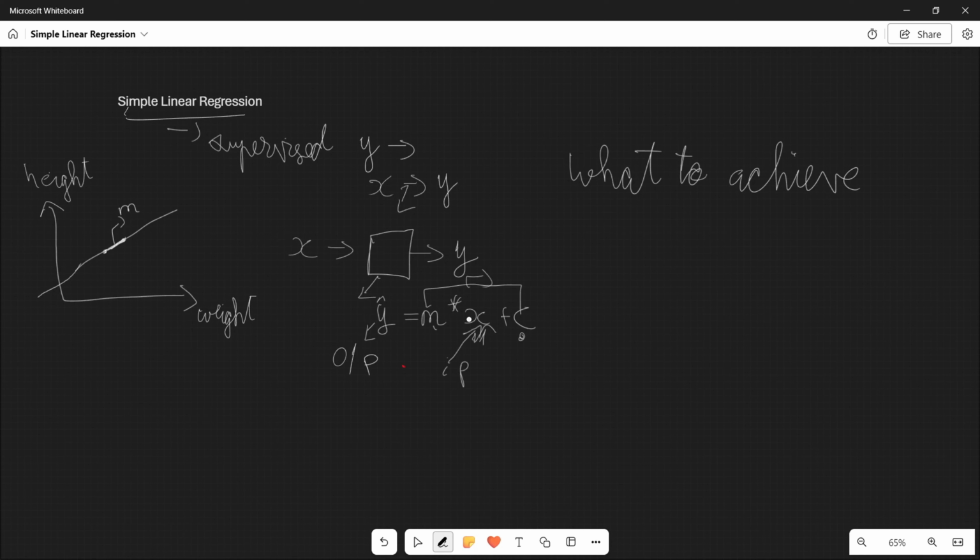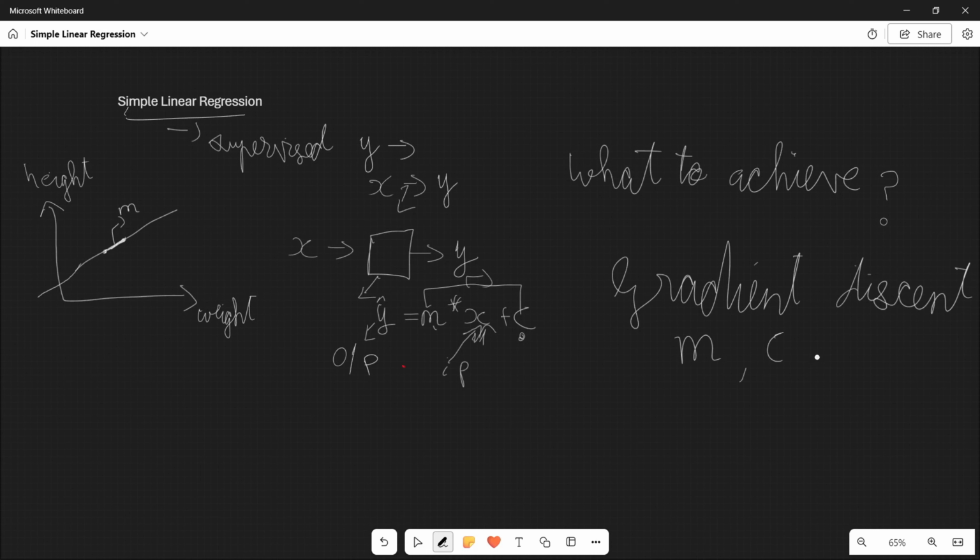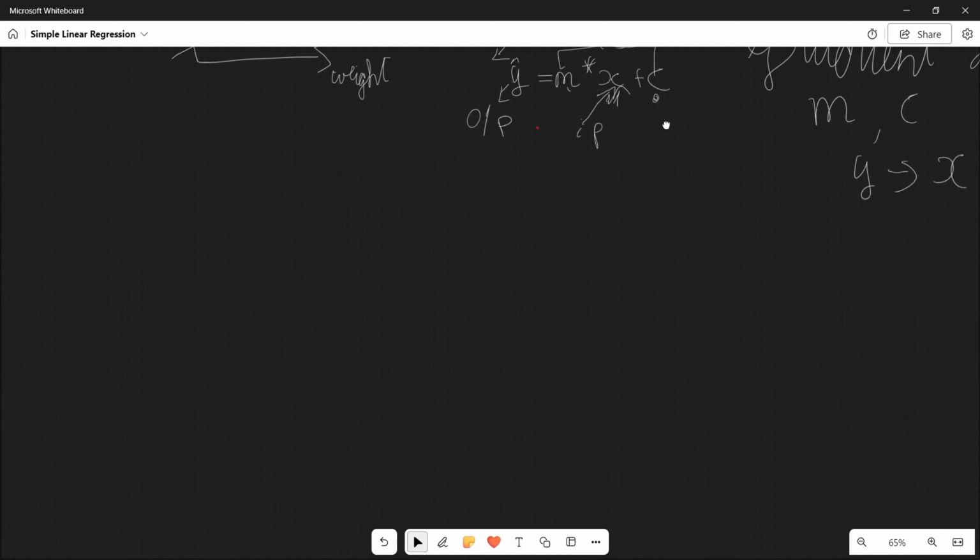So how can we achieve it? By utilizing the gradient descent technique, we can fine tune the values of m and c so that we get the output y from the input x.